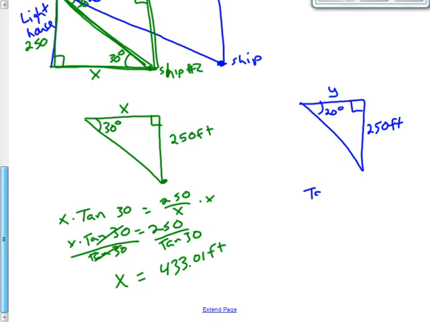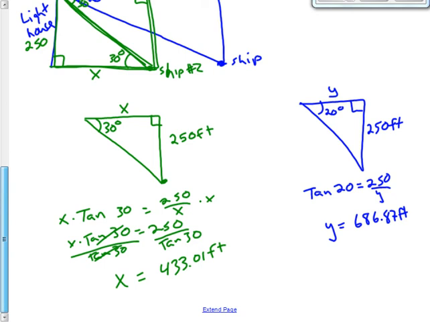Same idea goes over here. I've got tangent of 20 equals 250 over y. When I go through and solve it, I get y is equal to 250 divided by the tangent of 20, which is 686.87 feet. Ultimately, the question is, how far apart are these?